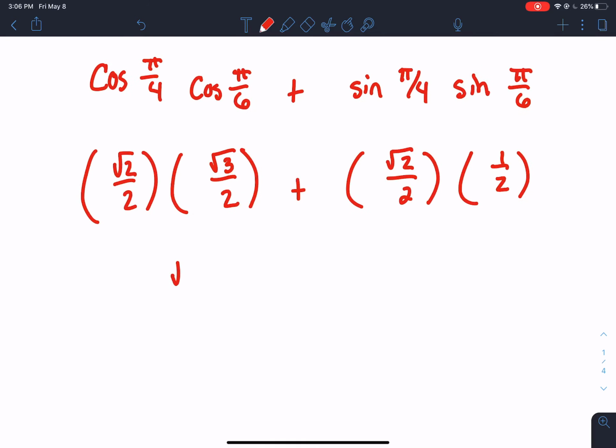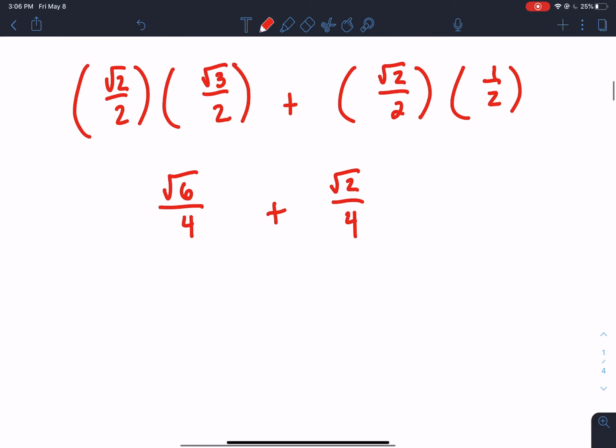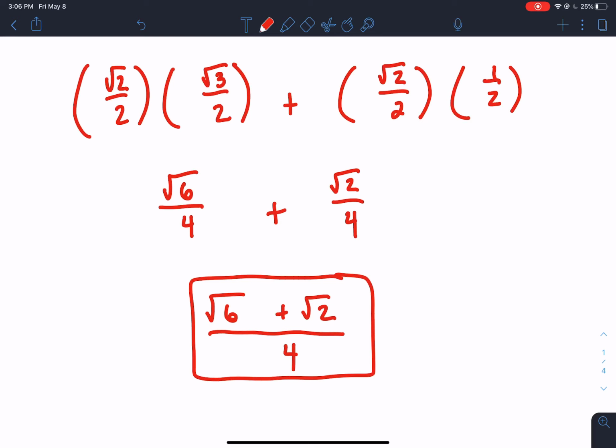So you have root 6 over 4 plus root 2 over 4, and when you combine them together, you can just leave it as root 6 plus root 2 over 4. That would be your exact answer to that problem. Now you can plug it into the calculator if you want, and that'll give you your decimal answer, but this is perfectly fine.